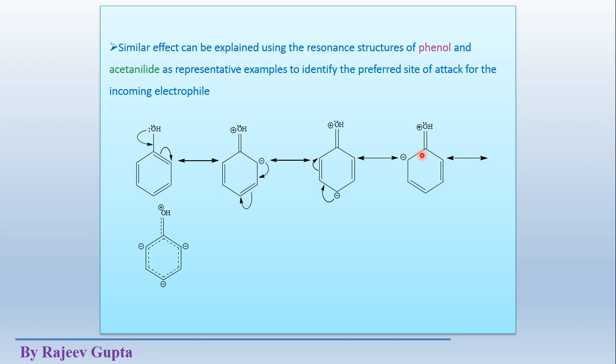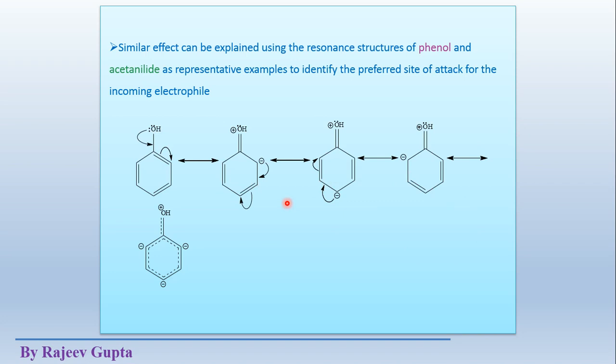This will move here and this again goes onto the oxygen atom. So a total of 5 resonating structures. One resonating structure is not shown here, but we can draw 5 resonating structures for phenol.